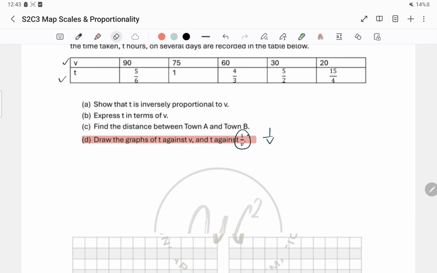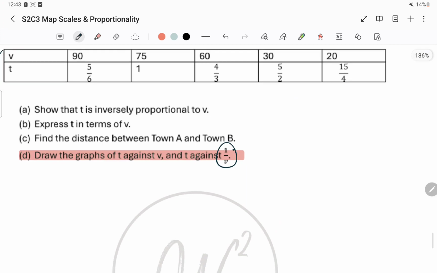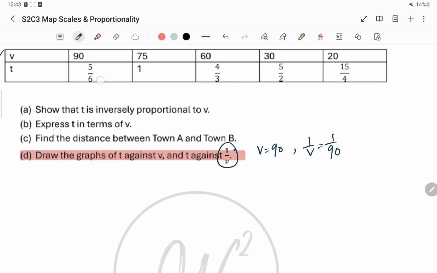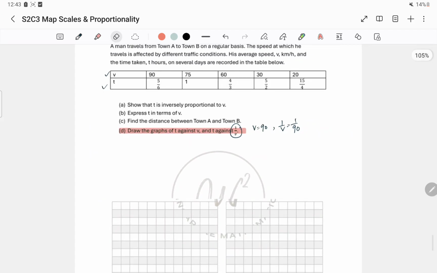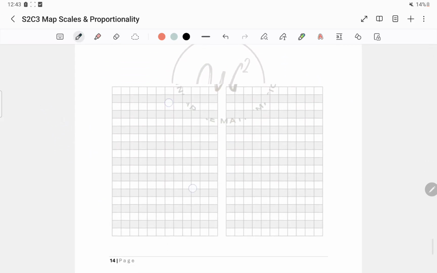So let's say for example, if today my v equals 90, I want to plot 1 over v, which means I need to put 1 over 90. So this is the value that you need to put on your axis. What the question wants you to do is plot two graphs. So plot both of these two graphs on two separate grids. Here I can give you some guidance first.